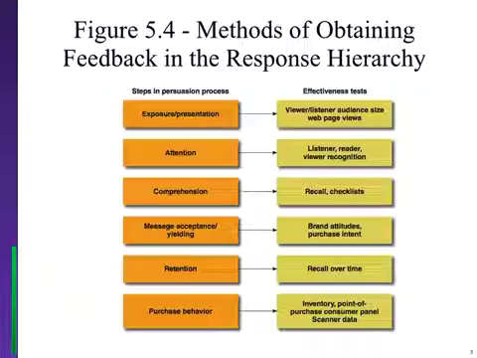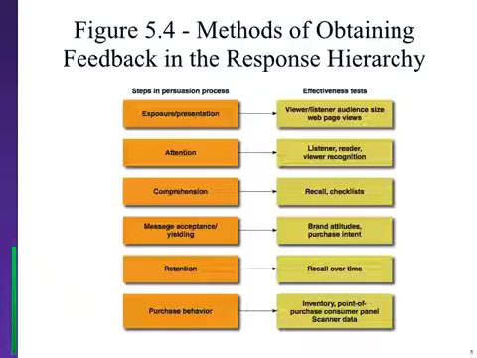So this figure shows the methods of obtaining feedback in the response hierarchy. And it basically shows you, of the different responses that we are trying to evoke, whether we're trying to get them exposed to the product, or we're trying to get their attention, or to get them to comprehend the communication message that we're sending, accept that message, retain it, or to actually purchase. There are different things we would do to assess whether or not we were effective at doing that.